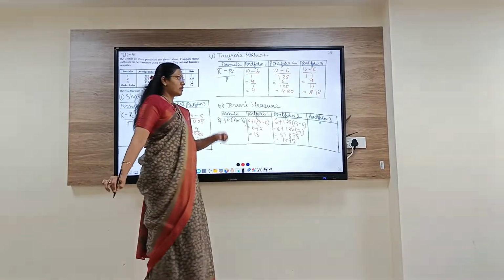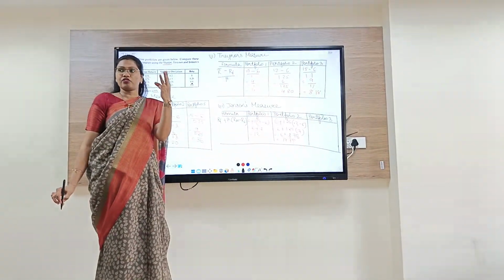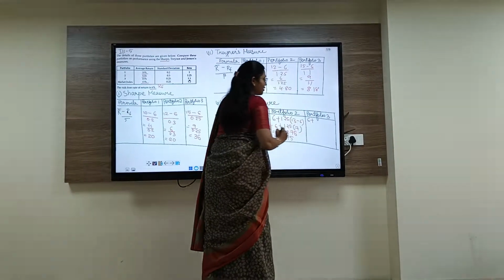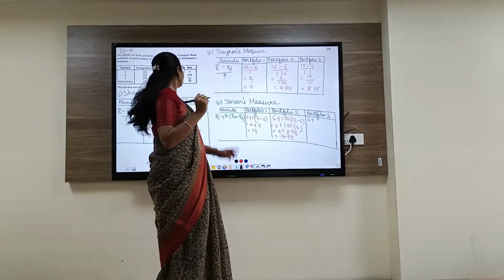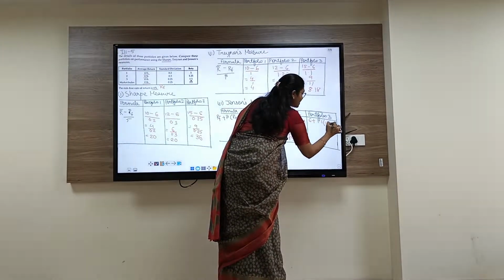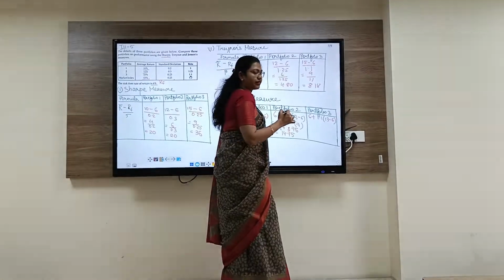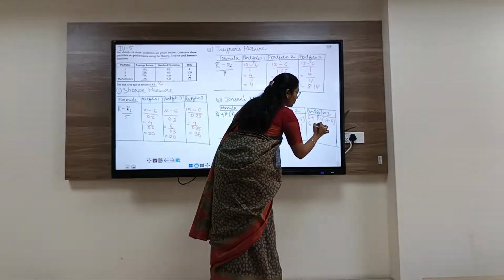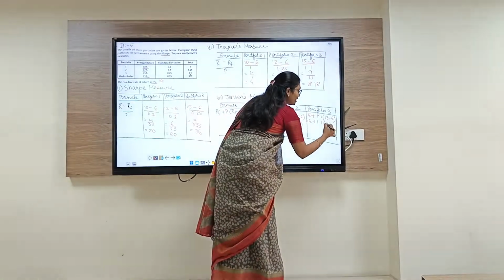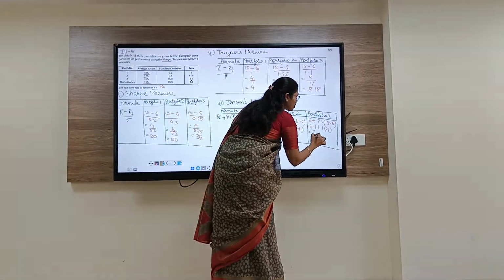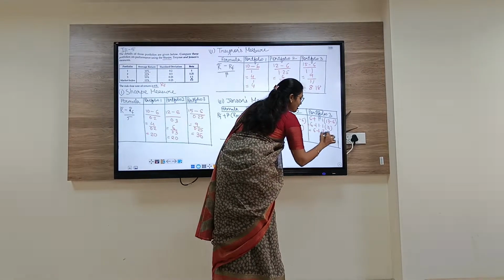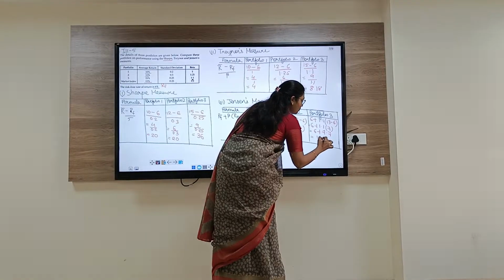Same way for portfolio 3. 6 is risk-free return. Beta is 1.1. 13 is RM, 6 is risk-free return. 6 plus 1.1 into 7 comes 7.7. So this will be 13.7.